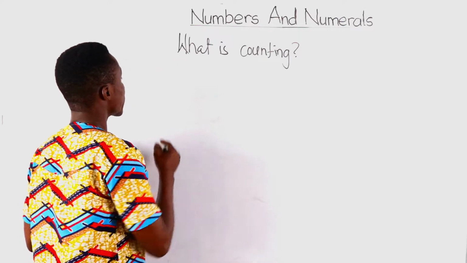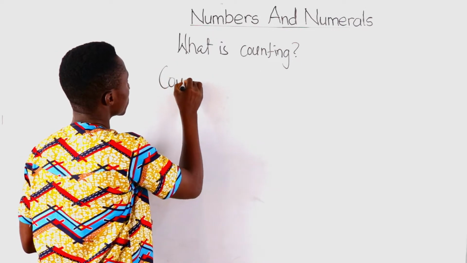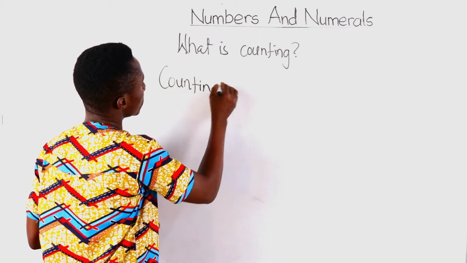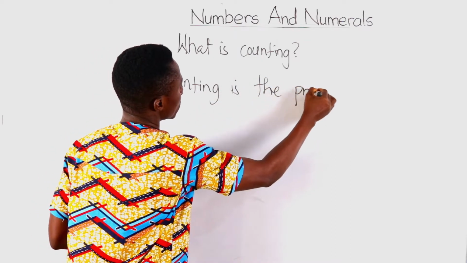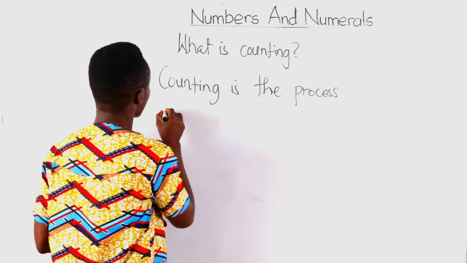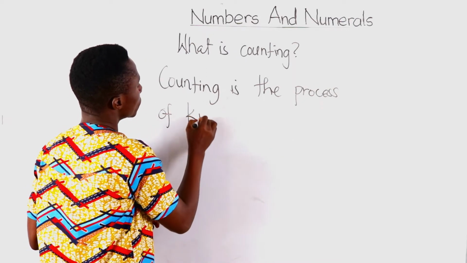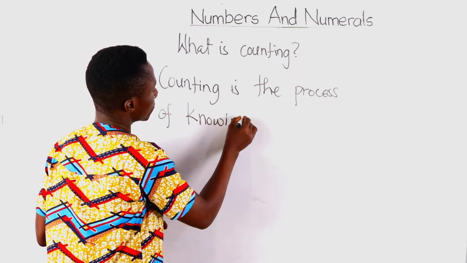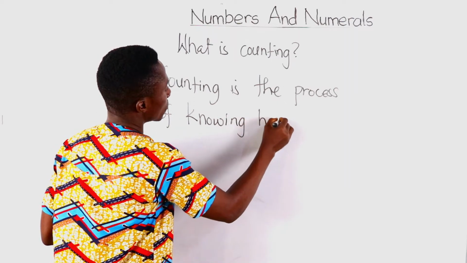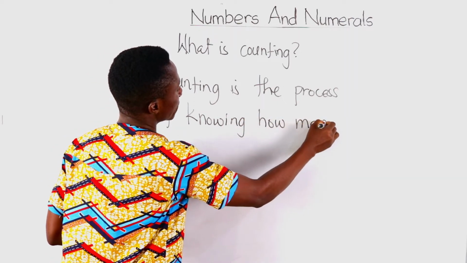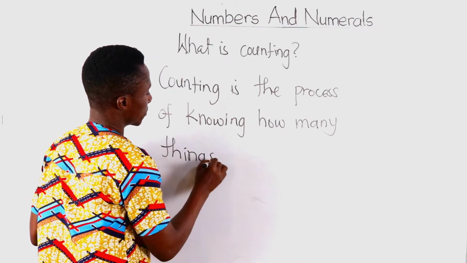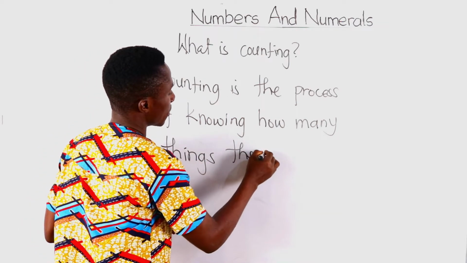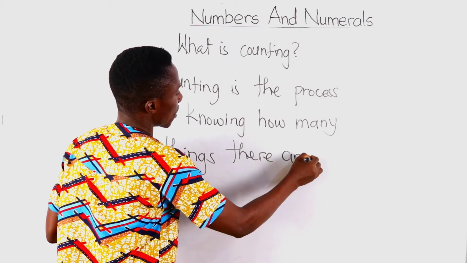And the answer is: counting is the process of knowing how many things there are.